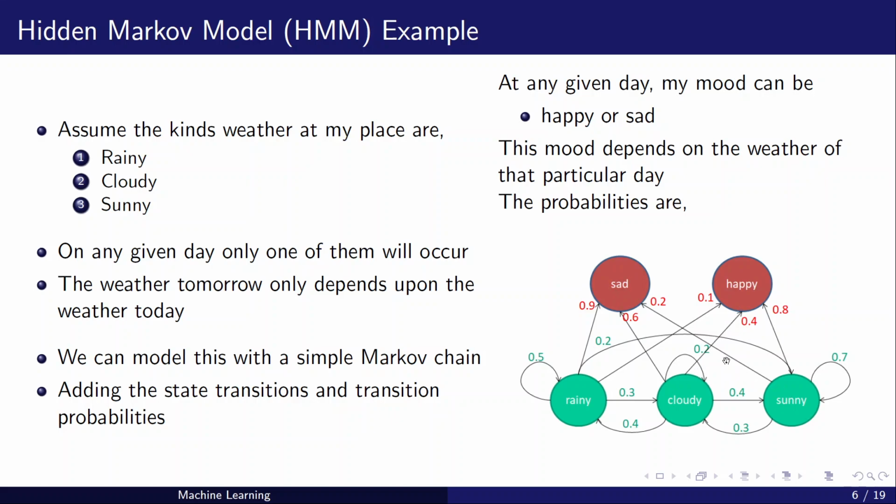On a sunny day sad is 0.2 and happy is 0.8. So this is the observable variable, and based on these observable variables we would like to learn about the hidden ones. What is given to us is a mood sequence, and based on that you would like to identify the weather sequence. The red ones are observable variables and the green ones are hidden variables.